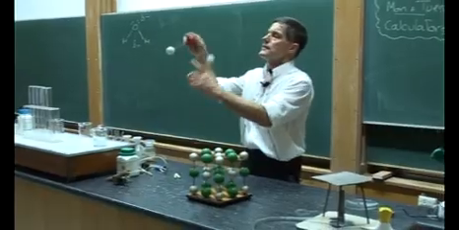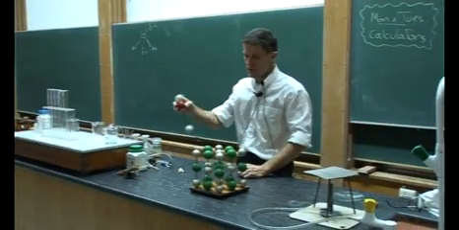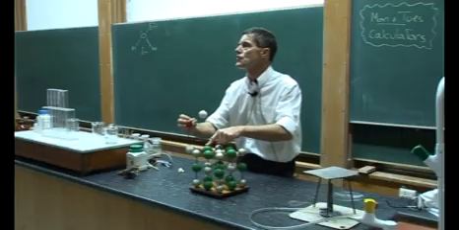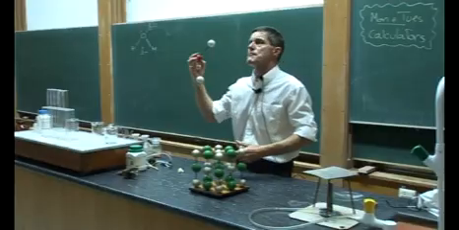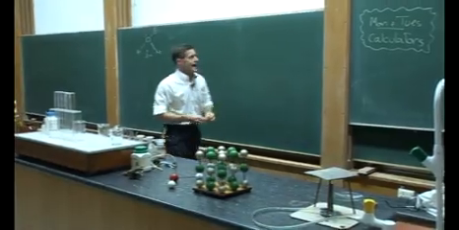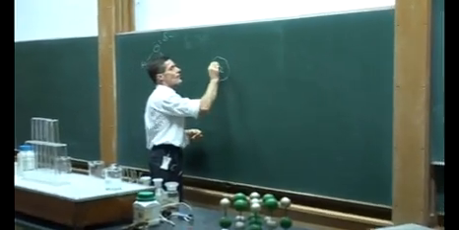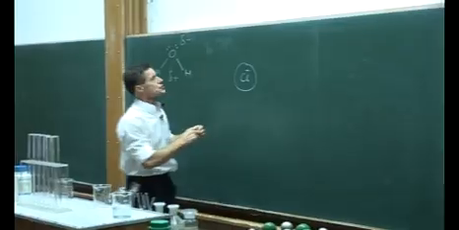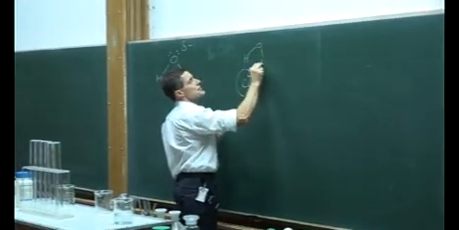Moreover, the relatively positive side of the water molecule will be attracted to the chloride ions. And overall, the sum of many interactions between water molecules and a chloride ion will give me a solution of salt, or sodium chloride.